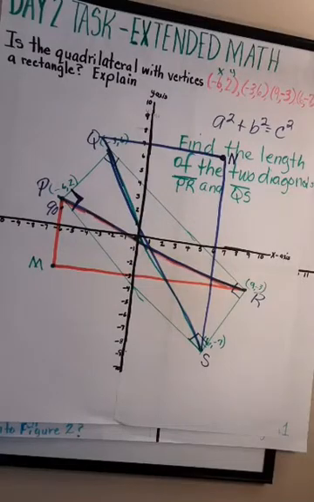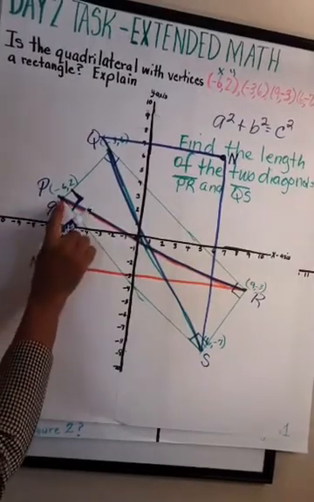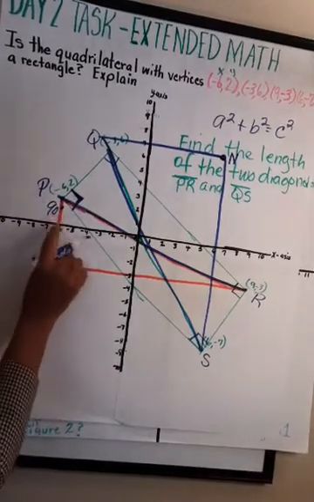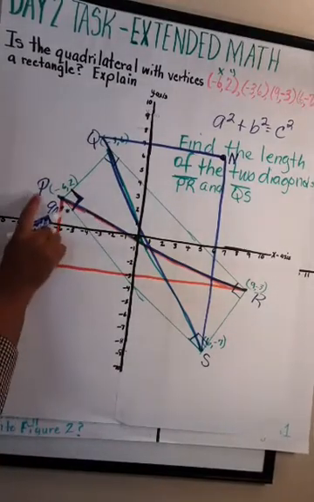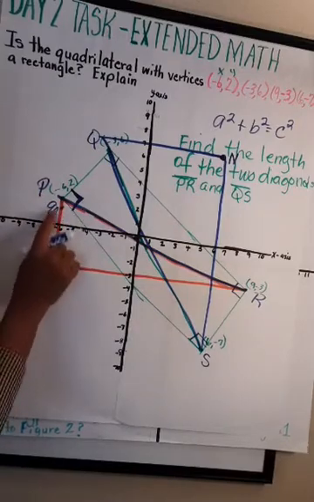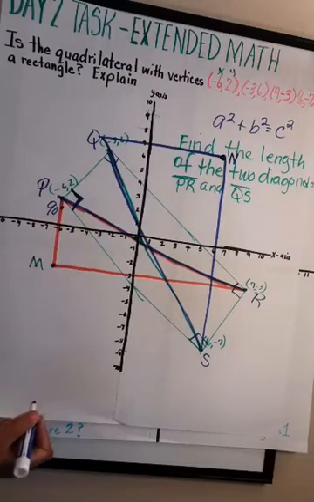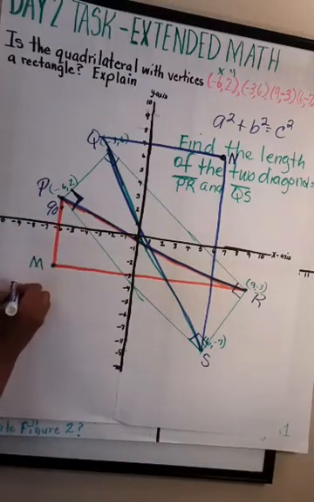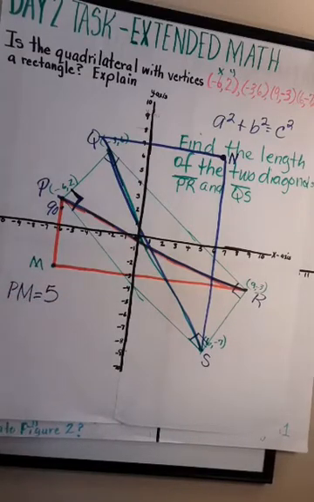So, when we look at this, the length from P to M, you got to count your blocks. How far you have to go to get to M. 1, 2, 3, 4, 5. So it looks like to get from P to M is 5 spaces. So PM is equal to 5.